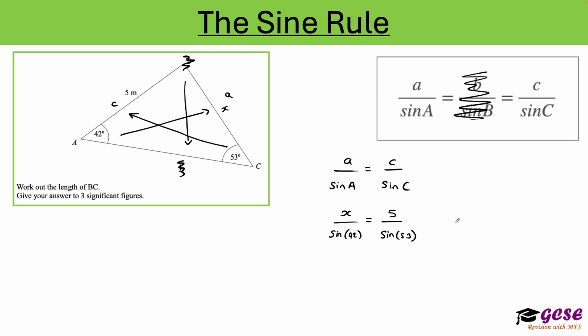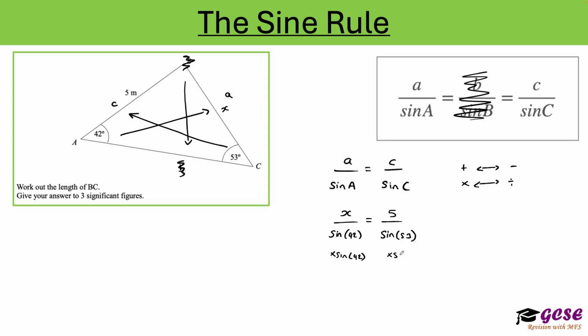Now all we're going to do here is rearrange. Again, we want x by itself. At the moment it's being divided by sine 42. So in order to get it by itself, we need to do the opposite. And remember, the opposite of adding is subtracting, and the opposite of multiplying is dividing. So in order to get this divide by sine 42 out of our way and to get x by itself, we're going to multiply by sine 42, and whatever we do to one side we must do to the other side.